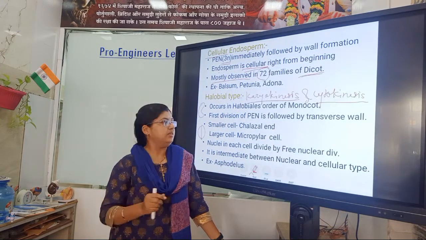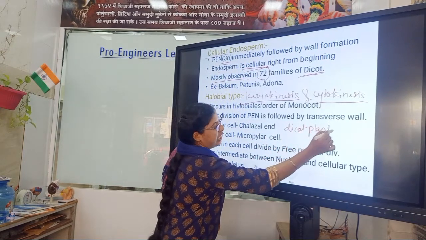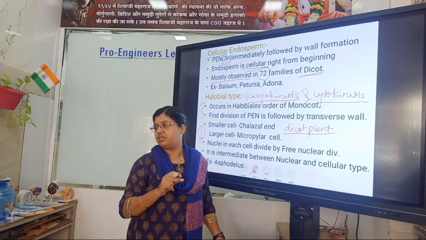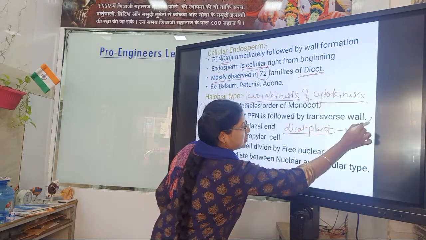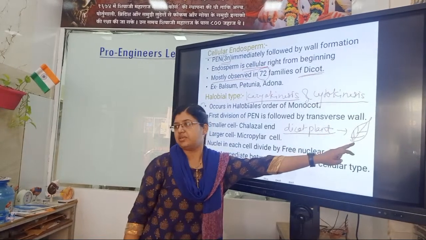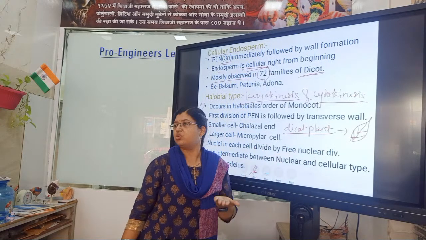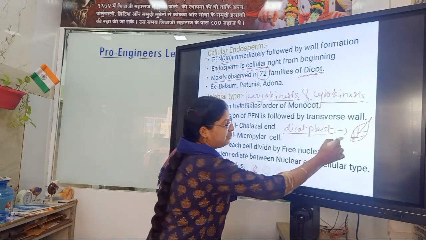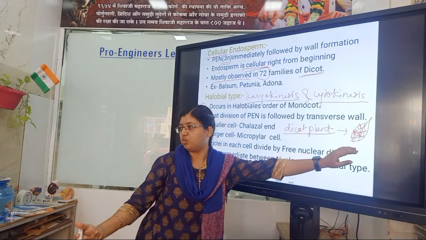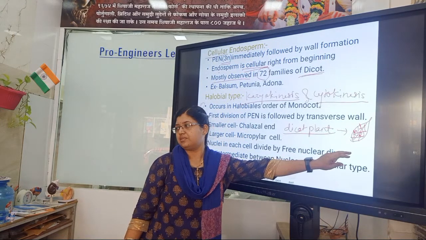In dicot plants, have you seen the leaf structure? It has a net-like structure. If we keep these leaves in our notebook, they show a net-like structure, which means it is a dicot plant.